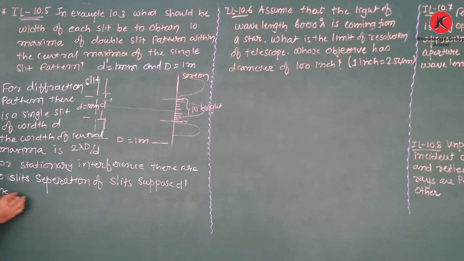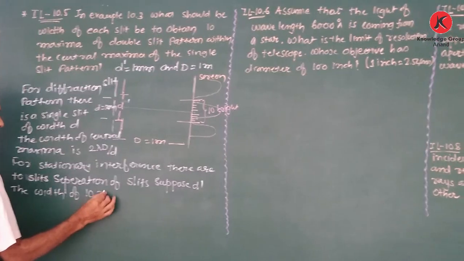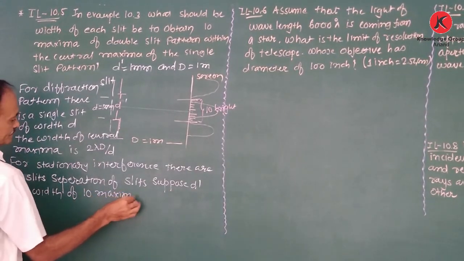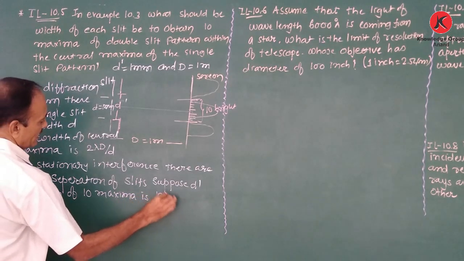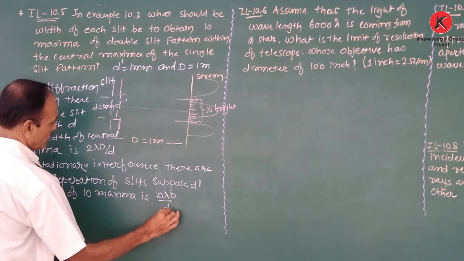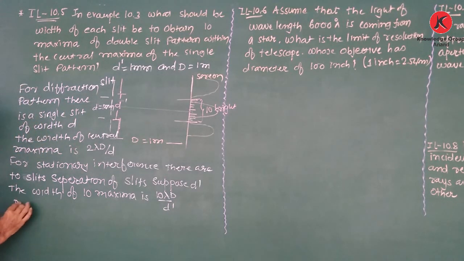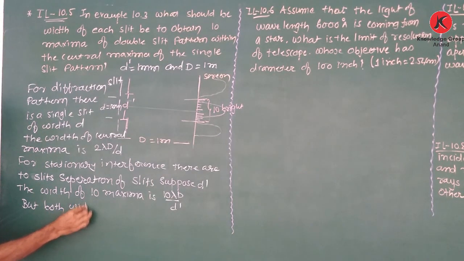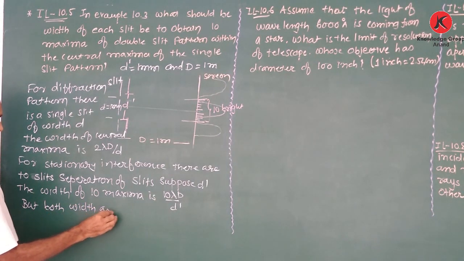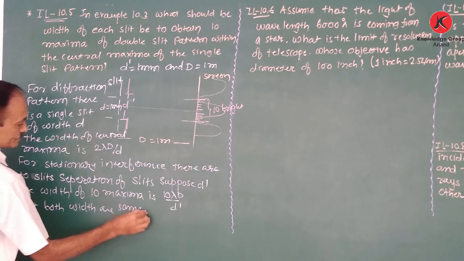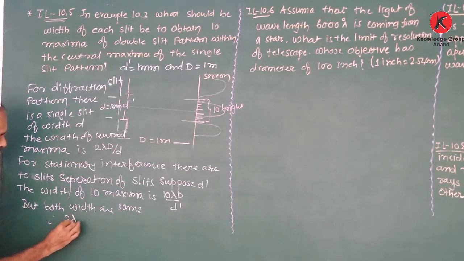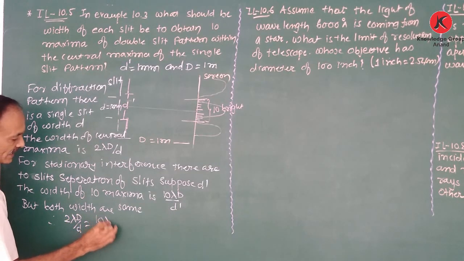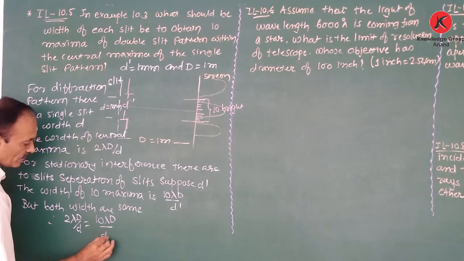The width of 10 maxima is 10 lambda capital D upon d dash. But both widths are the same. Therefore, 2 lambda capital D upon d is equal to 10 lambda capital D upon d dash.